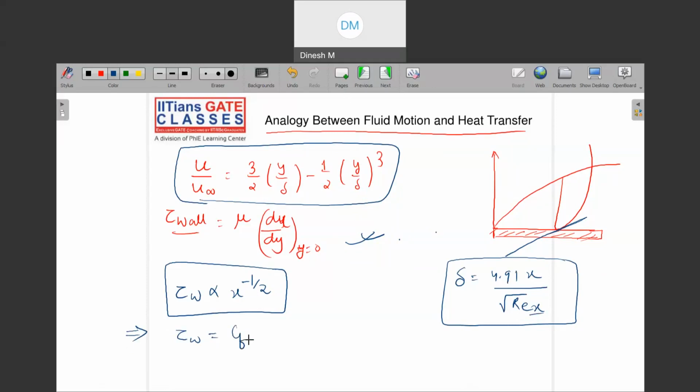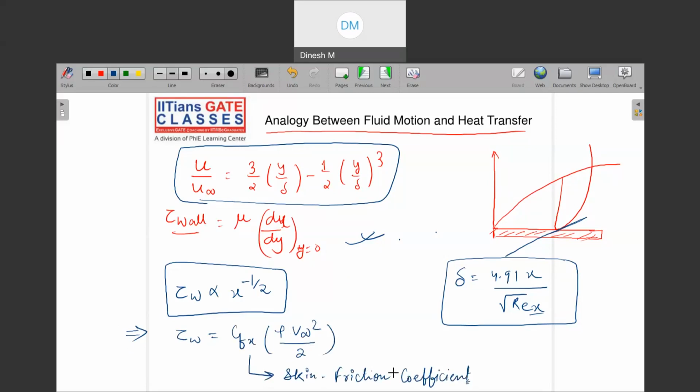It is Cfx, the skin friction coefficient, into rho into V infinity square by 2. V infinity here is your free stream velocity, and Cfx is the skin friction coefficient.